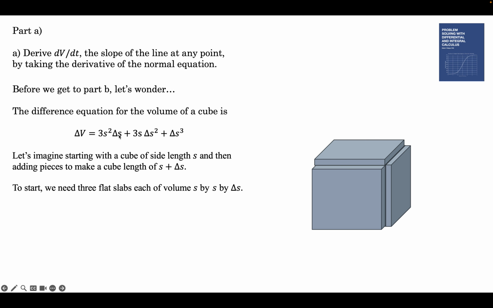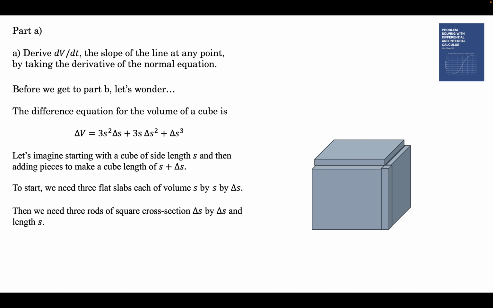The first term is the 3 slabs. Now we need 3 square rods to go along the 3 edges. Each of these rods has a volume of S by delta S by delta S. They're S long, and then delta S by delta S here.